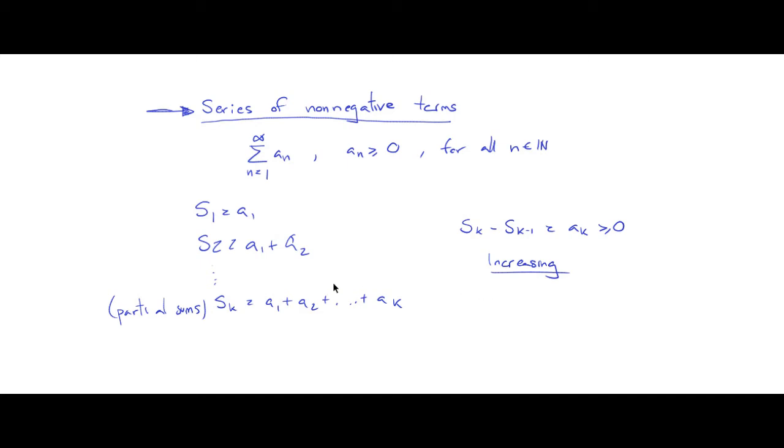So if you go n equals 1, 2, 3 and so on, these are the values of S sub n, the partial sums. This is increasing. So there are two possibilities.